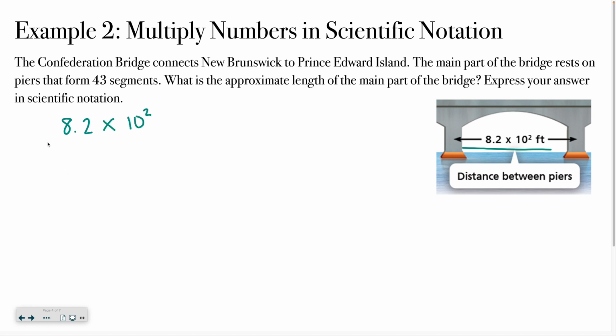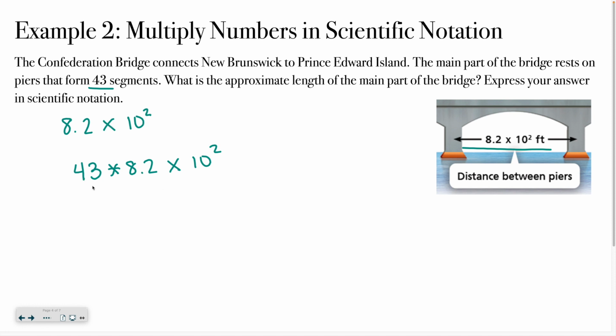And I know I have 43 segments. So what I'm going to do is take 43 and write it out front, just so that way it's a number that doesn't have an exponent being multiplied with a number that doesn't have an exponent. So you can see I'm leaving that times 10 to the second alone.